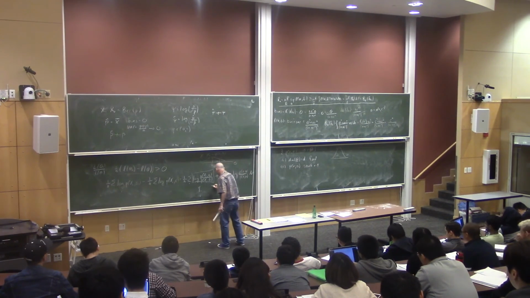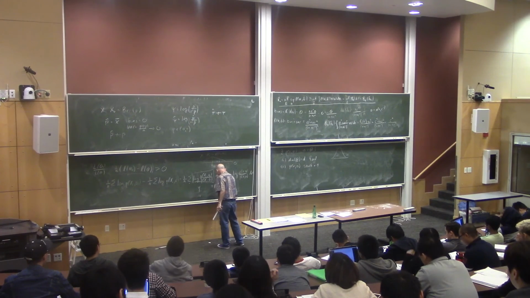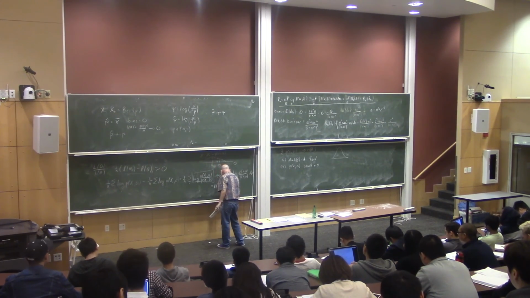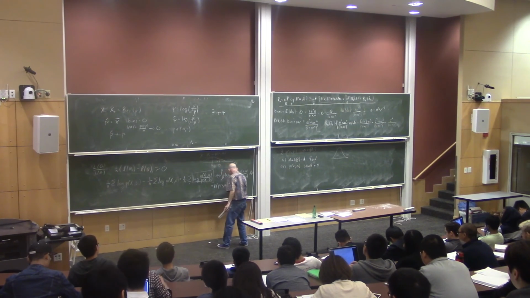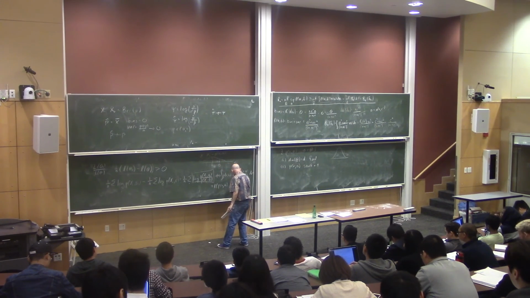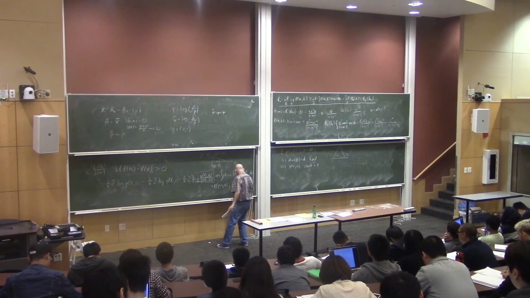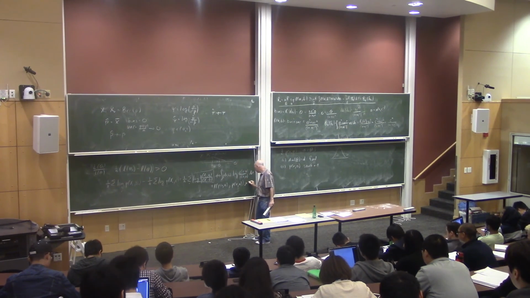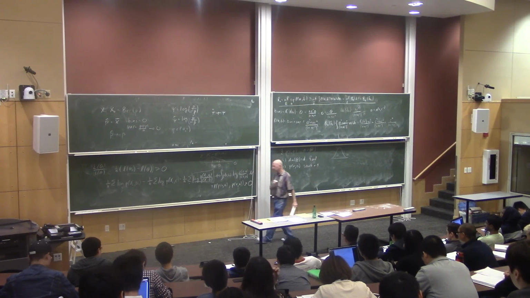But I hope you can see what this is. This is the Kullback-Leibler distance between the true density and some other density. And we know the Kullback-Leibler distance for two distinct distributions is positive. We proved this when we talked about Jensen's.